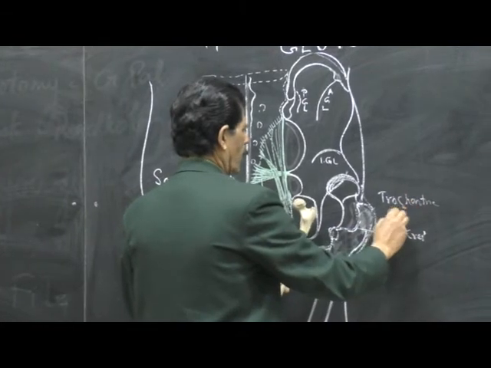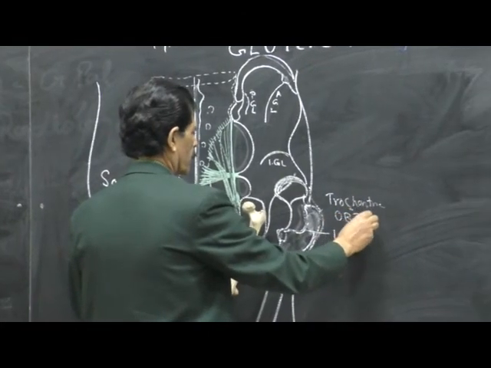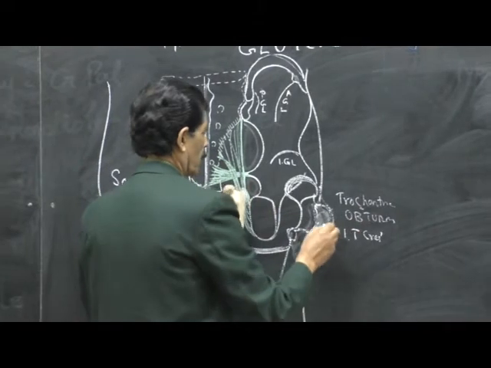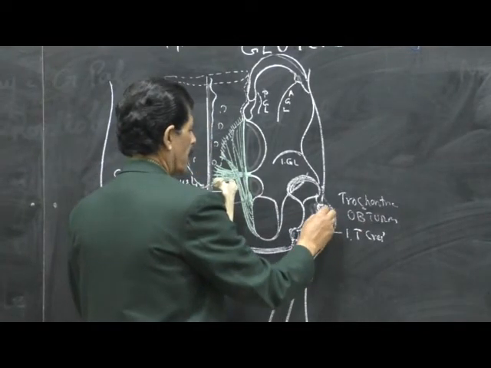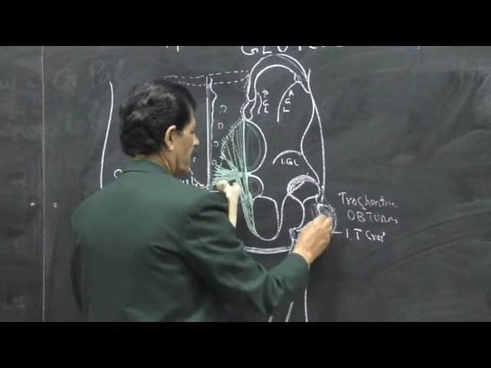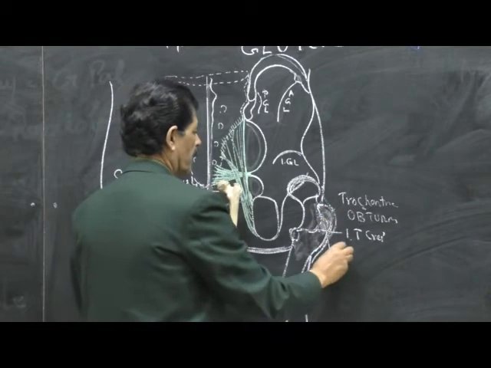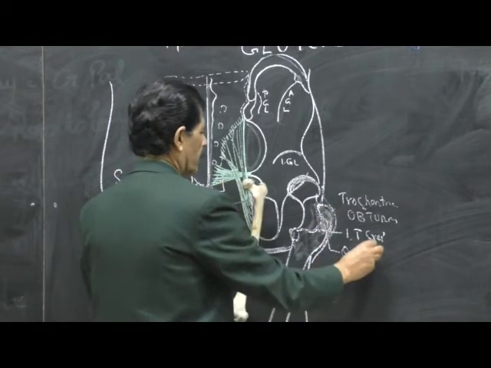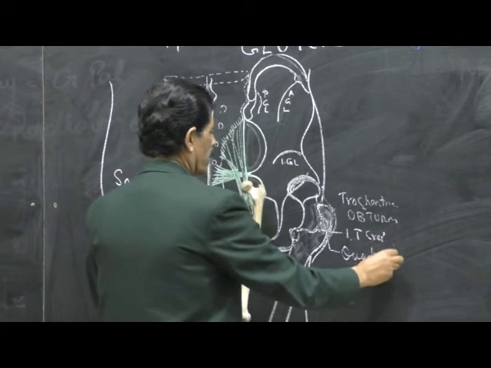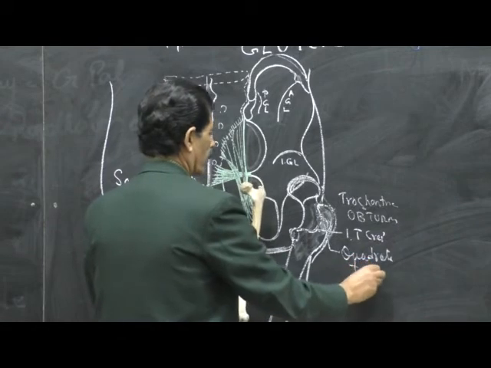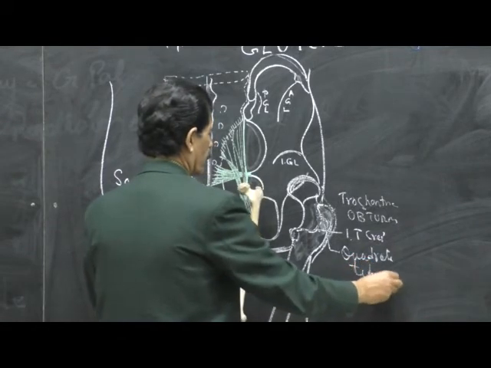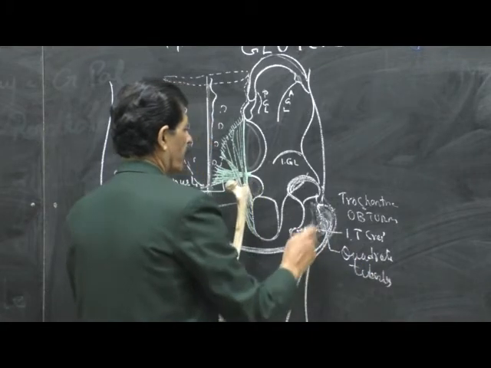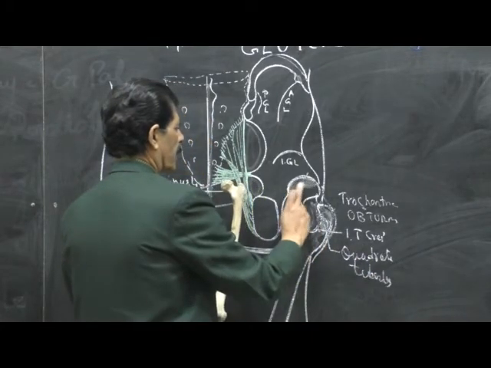Also called the obturator fossa. And in its middle part, it bears a tubercle. This is called the quadrate tubercle. So they are the features of the greater trochanter.